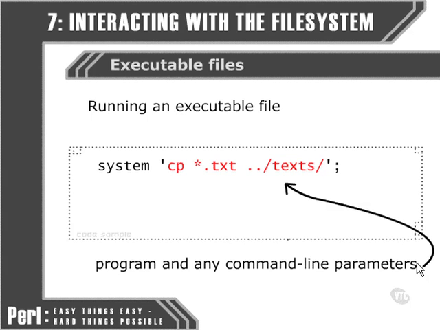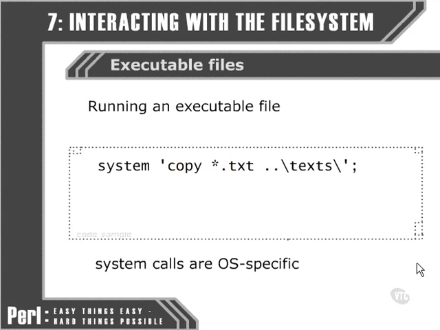You'll notice as well that the executables that we run using the system function have to be available to the operating system. So for instance, the cp program, which would work on a Unix system, wouldn't work on a Windows system, and the copy program that we're running here wouldn't work if we tried to run it within a Unix environment.